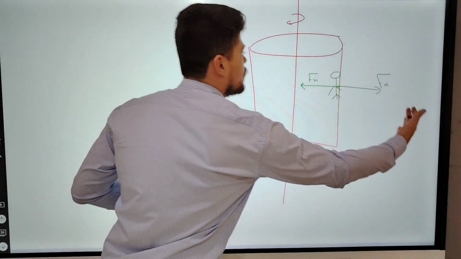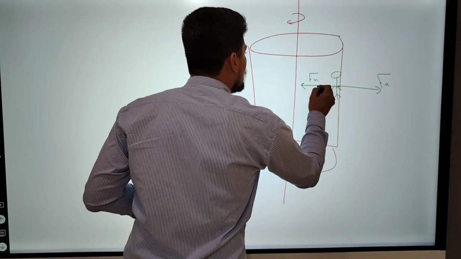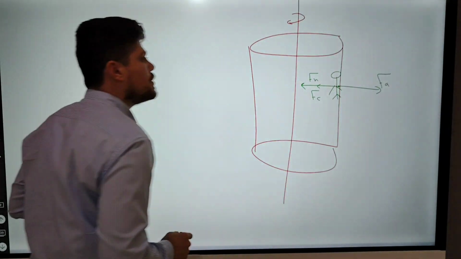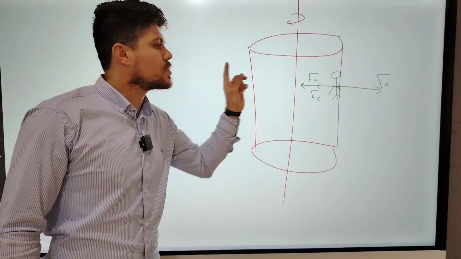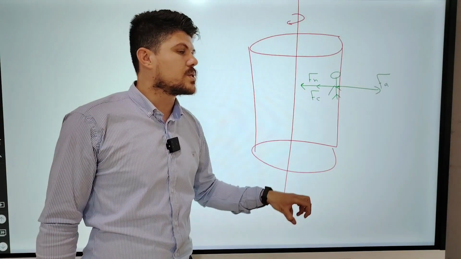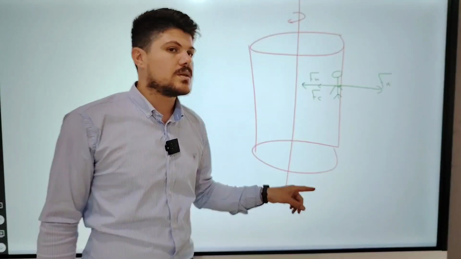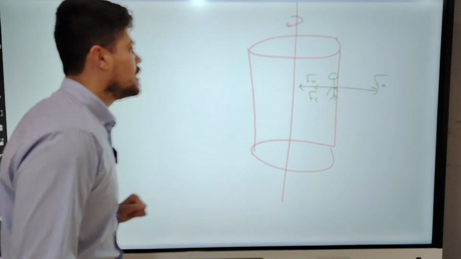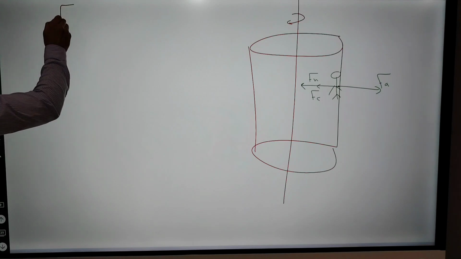The normal force. Action force and normal force. In that case, this normal force provides what? The centripetal force. So for the cylinder, when it is rotating about a fixed axis, which of the following forces provides the centripetal force? Normal force or applied force? Normal force. Okay? And you can write it down like that.